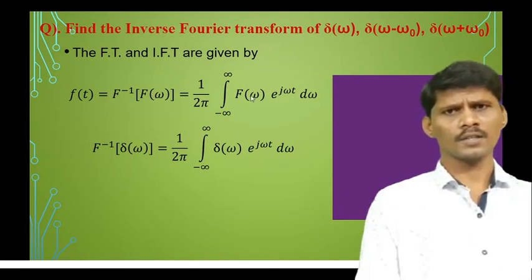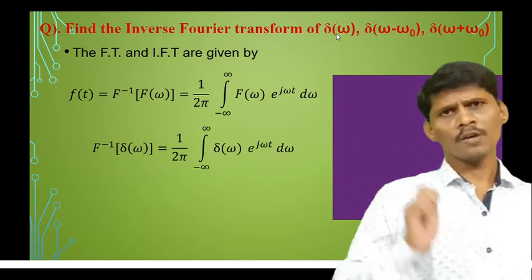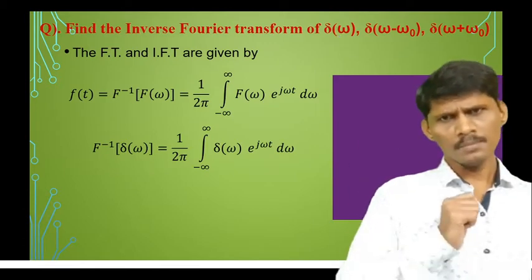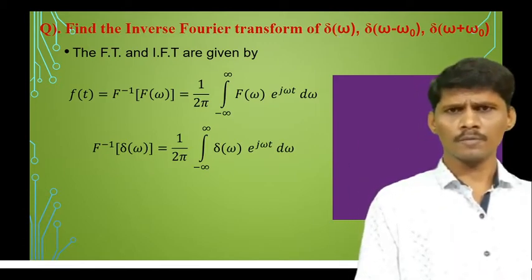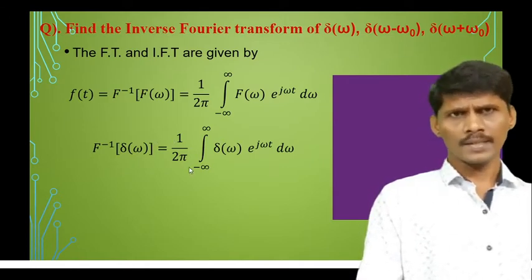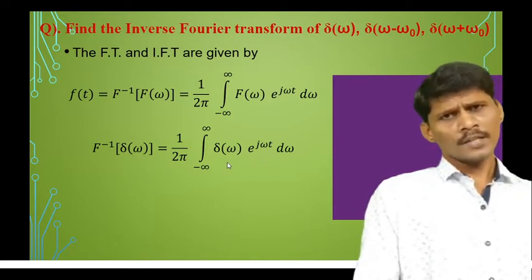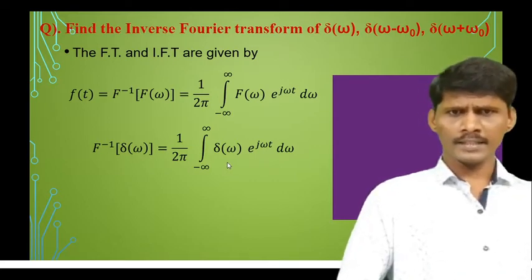This is the definition. Now here, F of omega is del of omega. Similarly, F inverse of del of omega is 1 by 2 pi times the integral from minus infinity to infinity of del of omega into e power j omega t d omega.